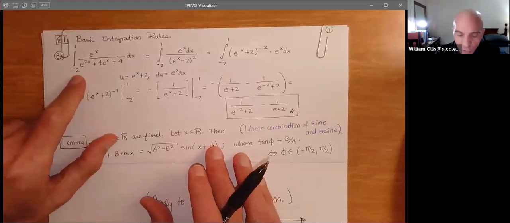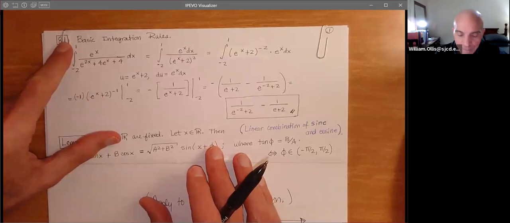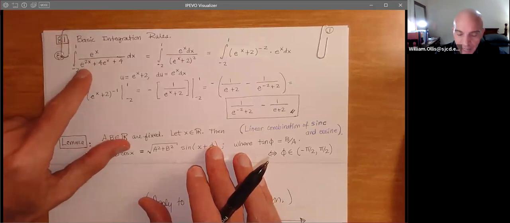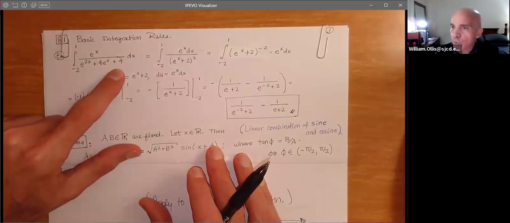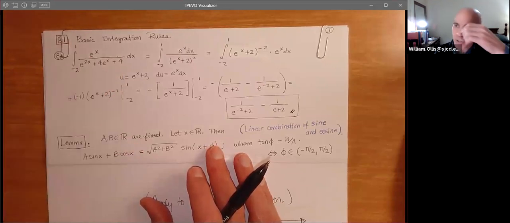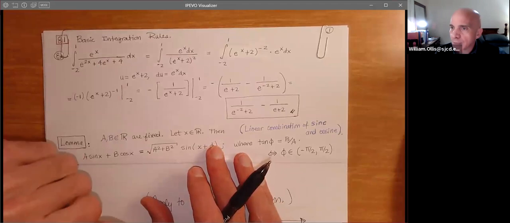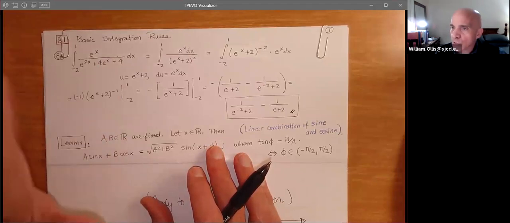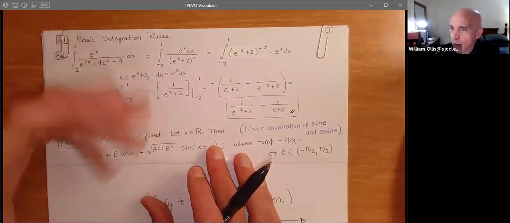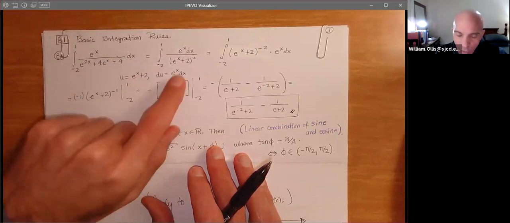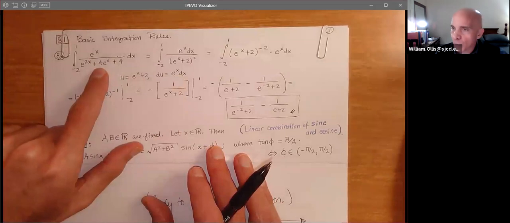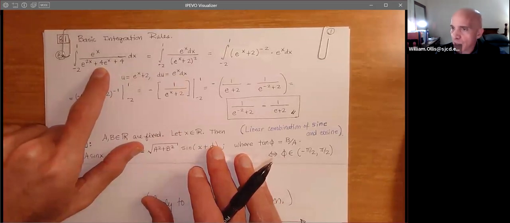So we have the integral from -2 to 1 of e^x divided by e^(2x) plus 4e^x plus 4. And so, of course, that PDF that I sent you that had all those nice little formulas in it for the integrals and derivatives, you should use that as a reference just to make sure you've got the basic forms down. And now, of course, what we notice, we're big on perfect squares because we've done arc length.